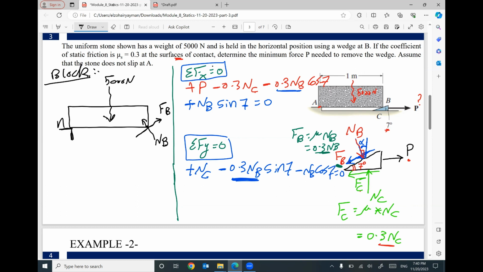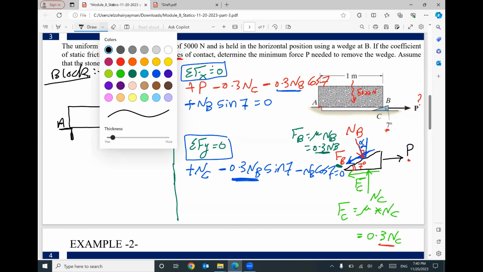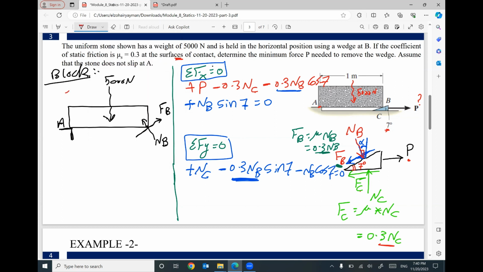I don't like to pay more attention about point A to try to avoid any complication. So keep in your mind that this angle alpha, which is 7, and this angle alpha, which is 7. Does that make sense? And keep in your mind, FB is already equal to 0.3 NB.